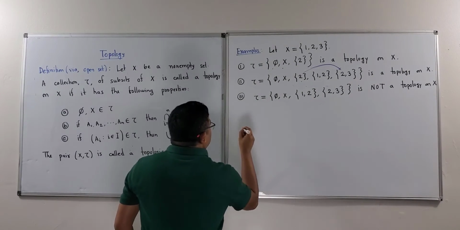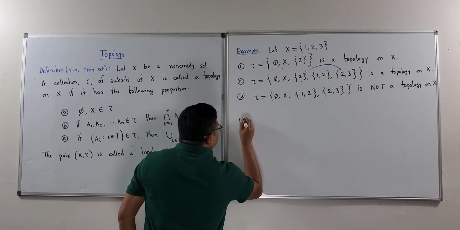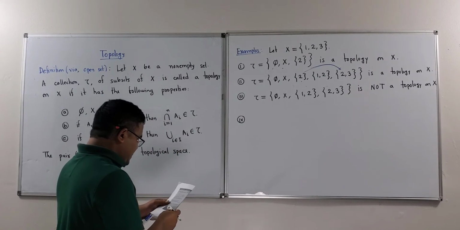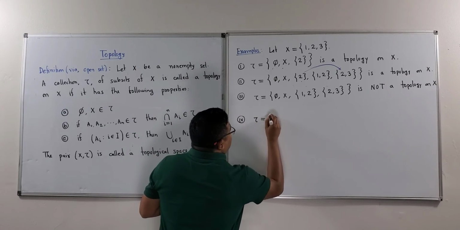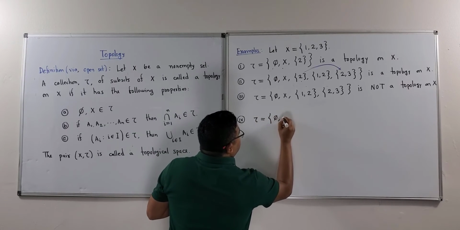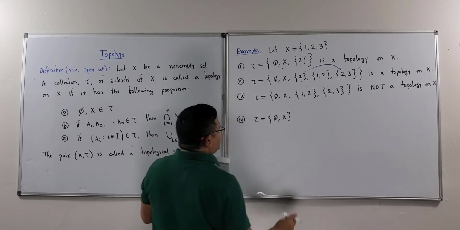Now the fourth example is, if you consider tau to be just the empty set and the whole set, this is also a topology.